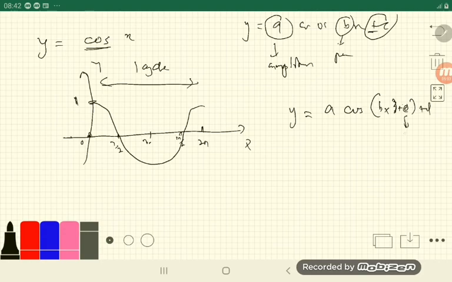So here c refers to going right or left, depending. Okay, when it is plus it is left, when it is minus it is right, and d here will move it up and down. Okay, so that is general info that you might encounter in your graphs.